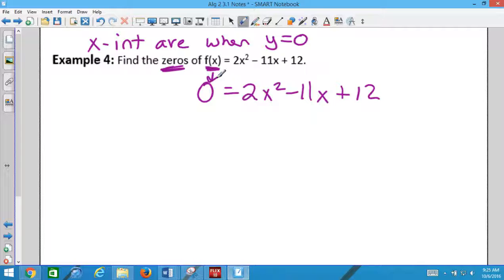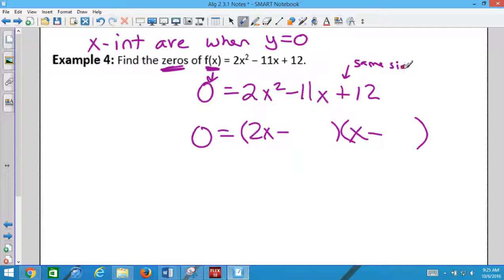So is there a greatest common factor? No. So then our next step would be guess and check. I know that this is 2x and x. I know my signs have to be what? Both negative, right, because the plus sign says same sign here. I have to get negative 11.